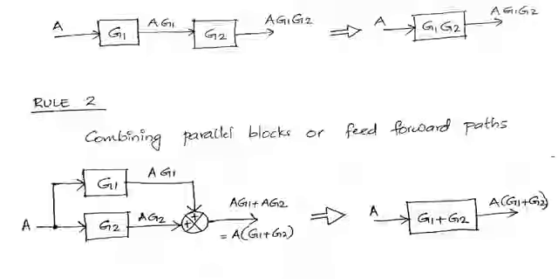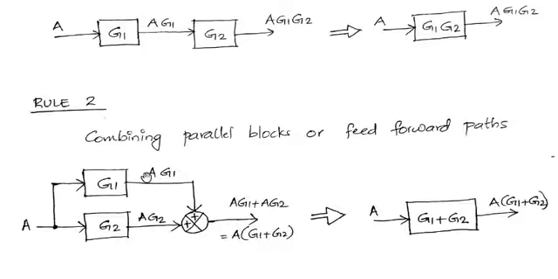Okay, so always look at the direction, the arrow mark or arrowhead, the direction in which the signal flows. That actually determines whether it's a feedback or feed forward. As I told, here we have a summing point to which we have signals AG1 and AG2. These two signals will get added up and we get AG1 plus AG2, so A into G1 plus G2.